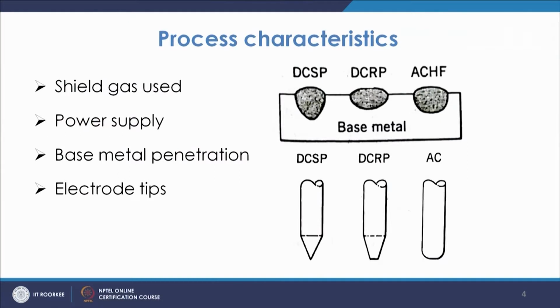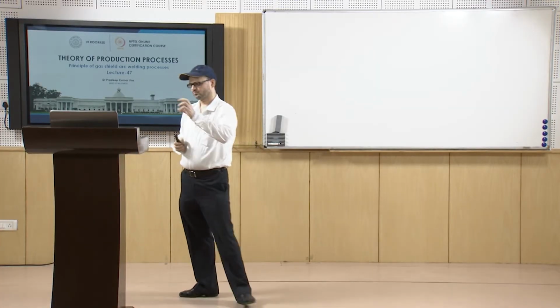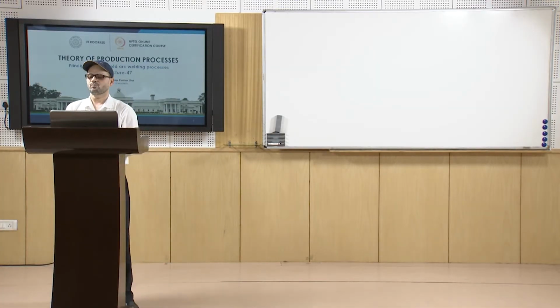Then electrode tips: in the case of DCSP, the electrode tip is the pointed one, and in the case of DCRP there is a conical one, blunt at the top, and with AC you will have a rounded appearance at the tip of the electrode.